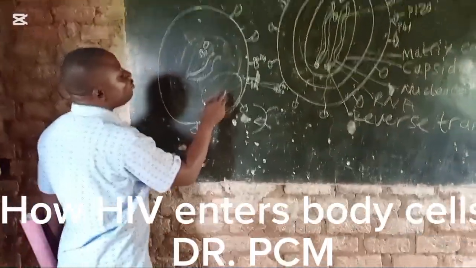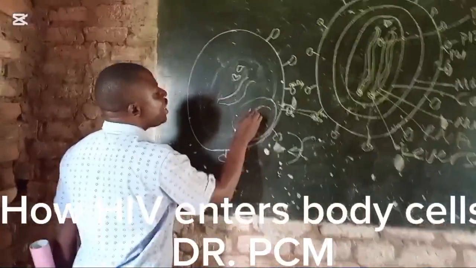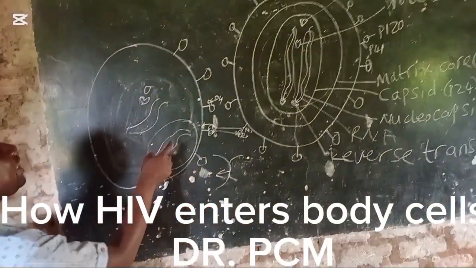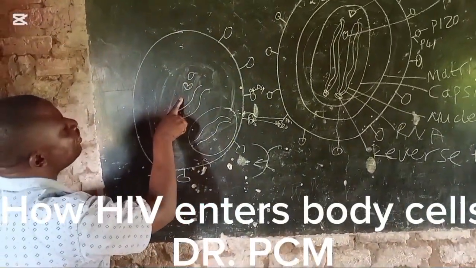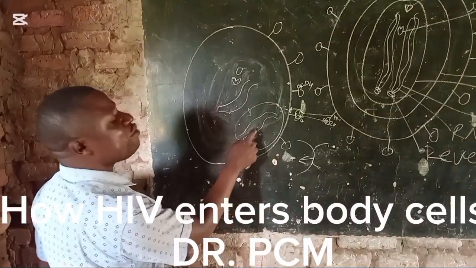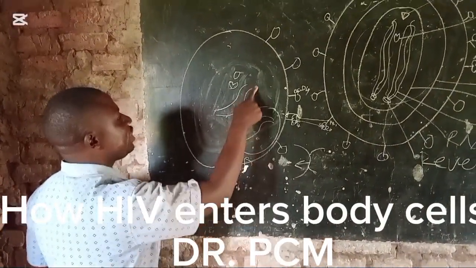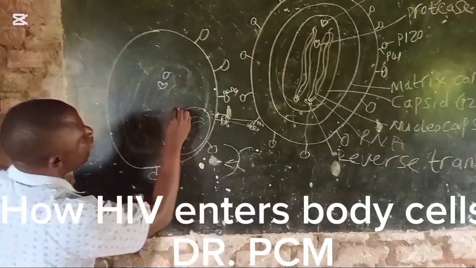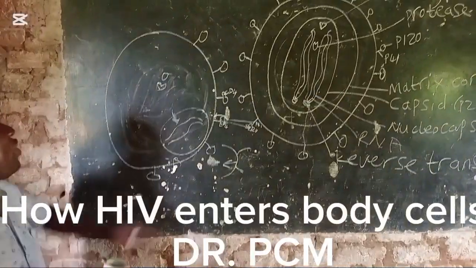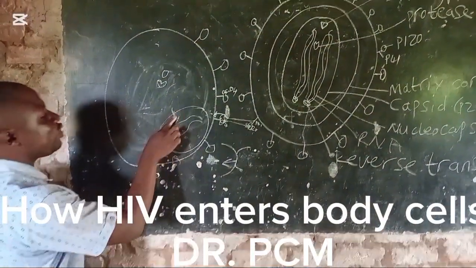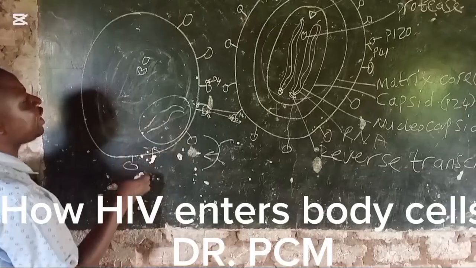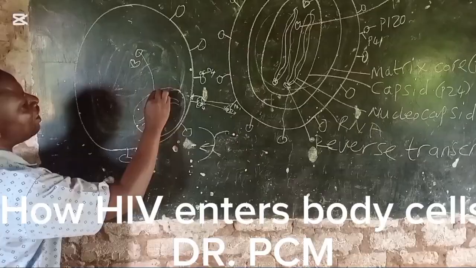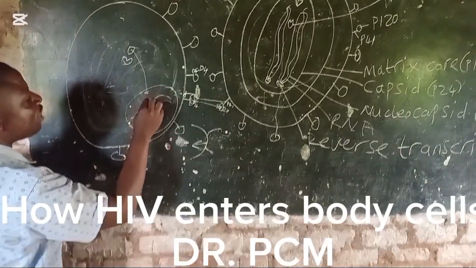Remember, we have our nucleus aside here. In that cytoplasm, we have a nucleus, and in this nucleus, it has its own DNA. So the DNA of the virus moves away from the cytoplasm and enters into the nucleus where there is the DNA of the human cell.